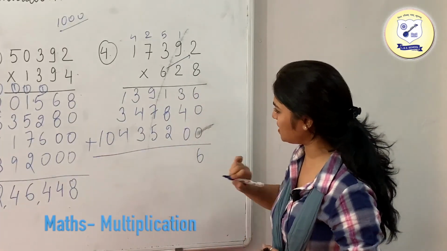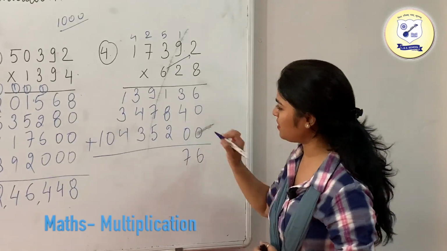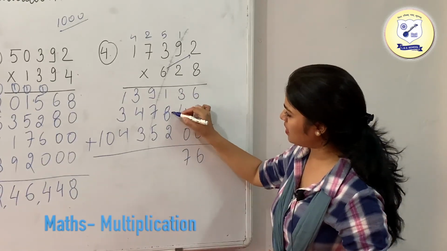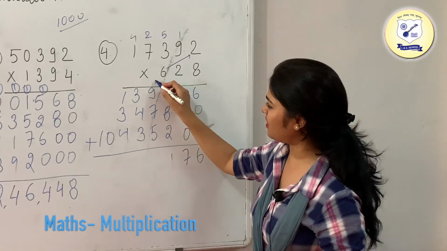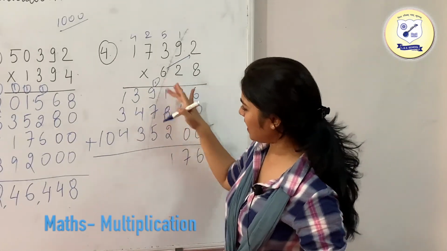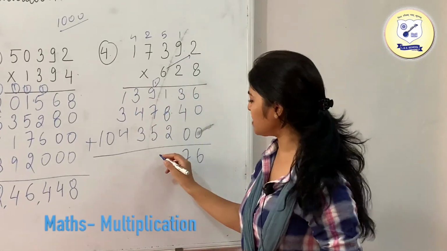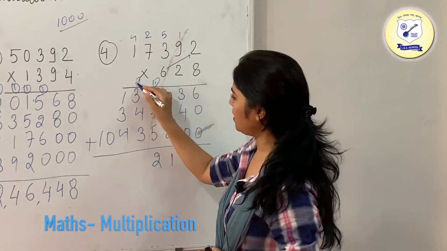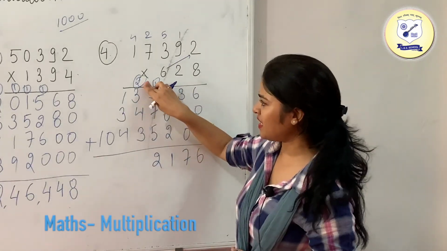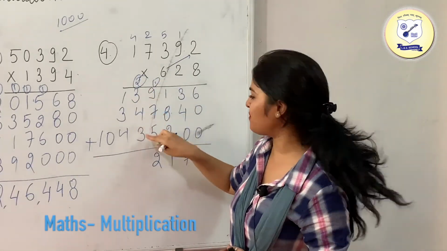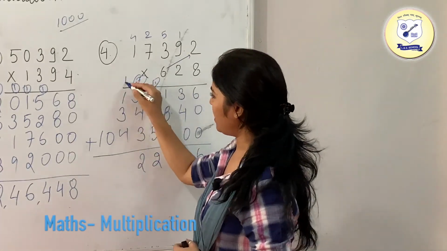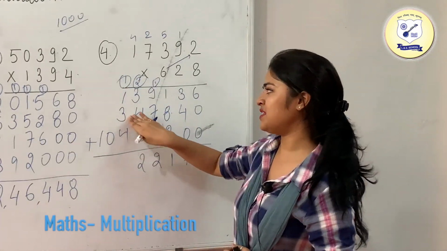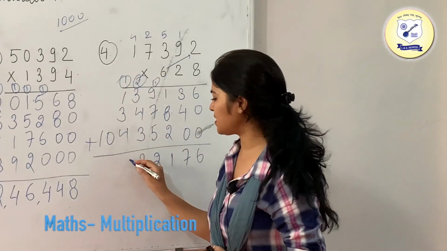So this is going to be your 6, this is going to be your 7, this is going to be your 8 plus 1 9, 9 plus 2 is your 11, 9 plus 1 10, 10 plus 7 is your 17, 17 plus 5 is your 22, 2 plus 3 is 5, 5 plus 4 is 9, 9 plus 3 is your 12, 4 plus 3 is 7, 7 plus 1 8, 8 plus 1 is 9.